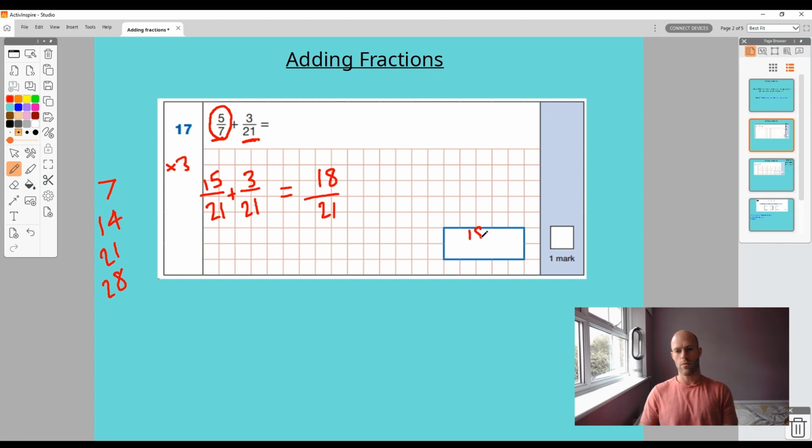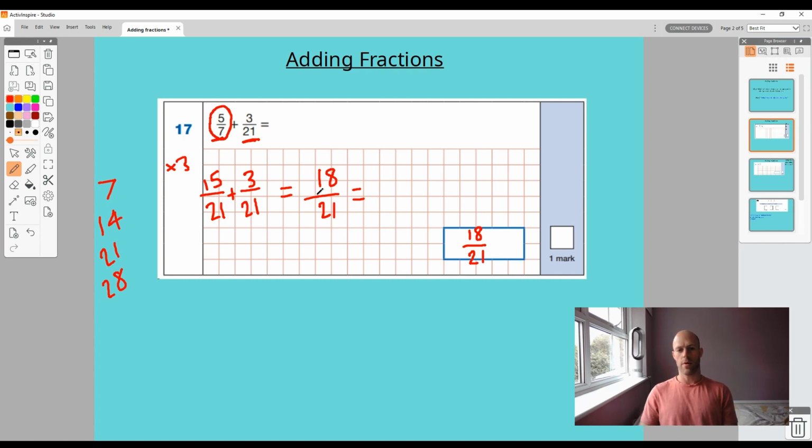Now that will do. It would be great if we could write them in the most simple form. So remember when we were actually simplifying, it's an extra step. See if we recognise, okay, which times table are both these numbers in? Do we know that? Can we half it? Can we divide by the denominator?